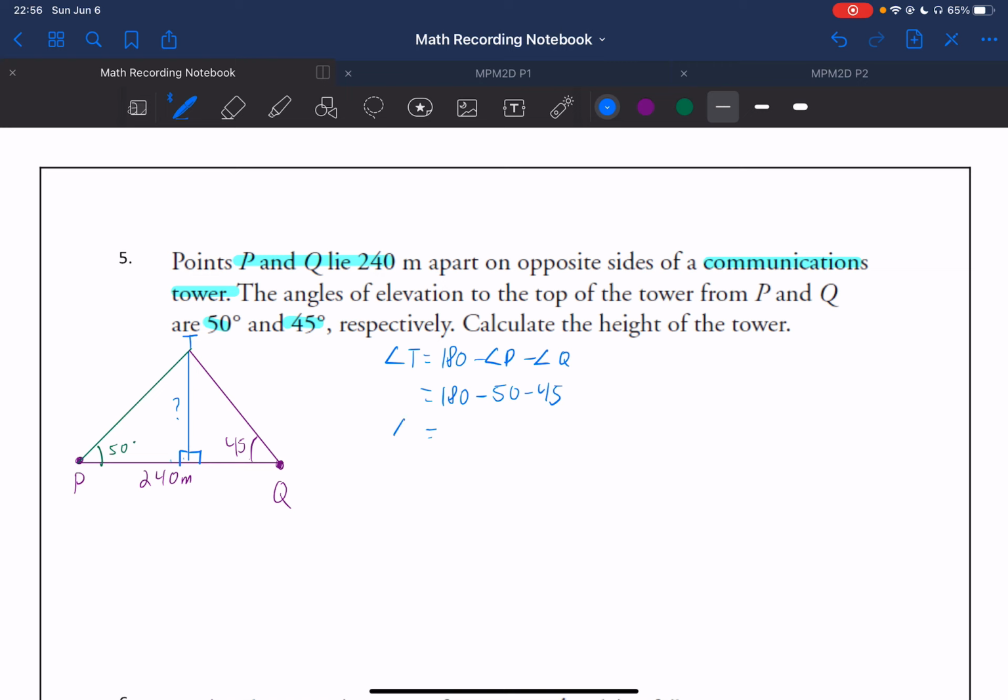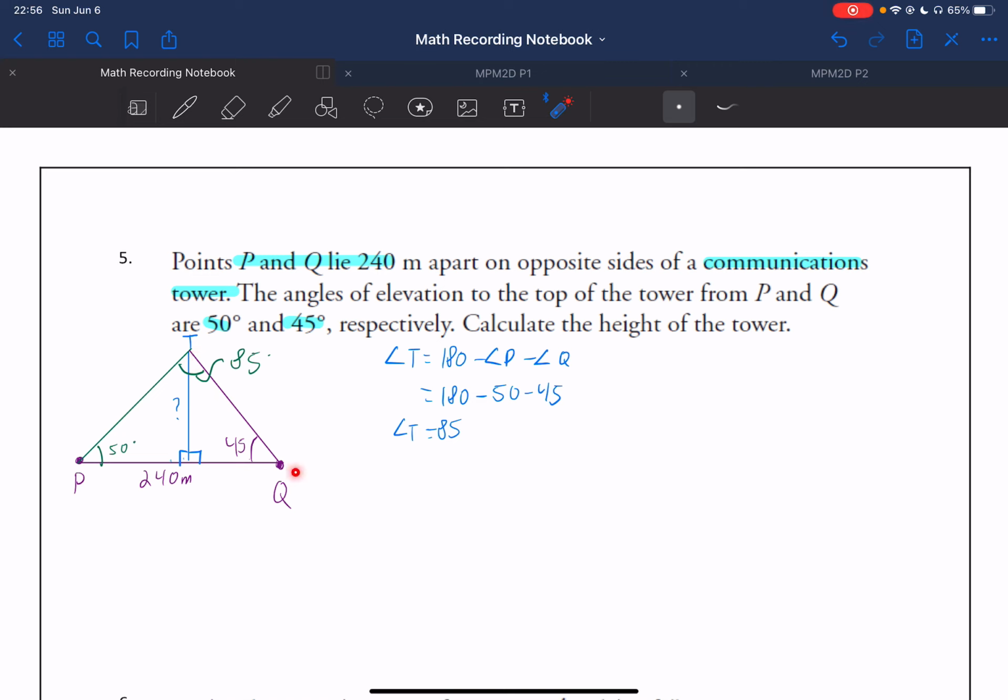So our tower's angle is 85. So this guy right here, that is 85. Now what you're going to notice is we have a complete pair. We have an angle and we have a side. So we can find out either this side or this side.